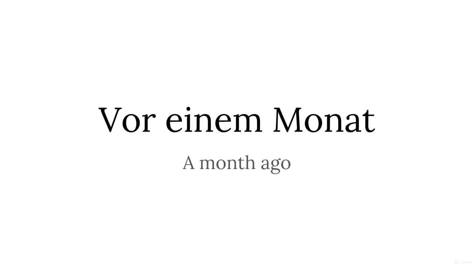A month ago is vor einem Monat. The reason why you have to add an M to einem in this case and not R, just like vor einer Woche, is because Woche is a feminine word, die Woche, and Monat is not a feminine word.